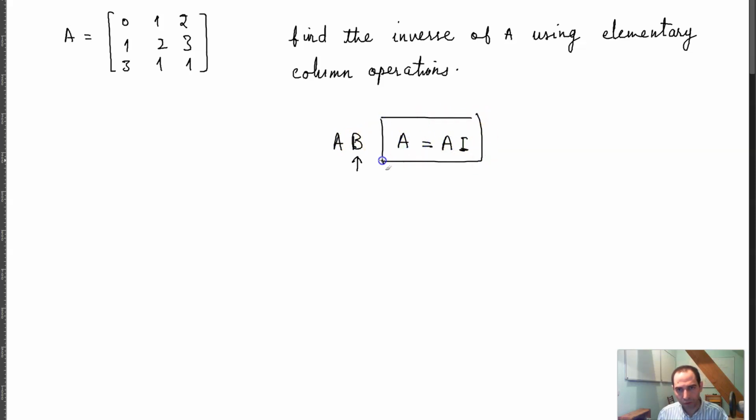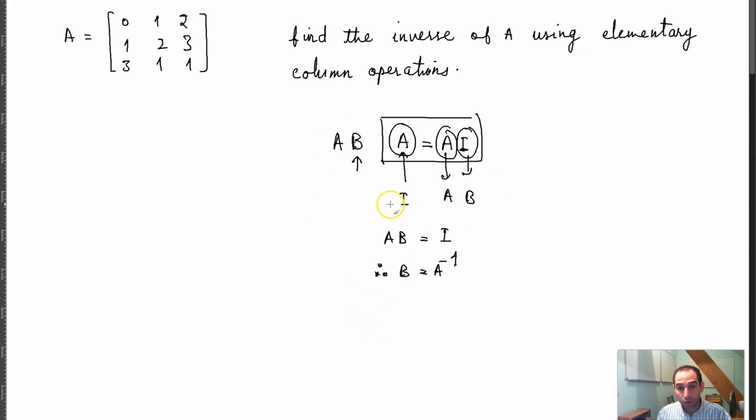So I do the column operation on A, do the column operation on I, in such a way that this A becomes I, and then this I becomes some other matrix, for example, call it B, and this remains A. I'm not going to touch this in any way, and therefore A times B becomes I, which means that B is A inverse, right?